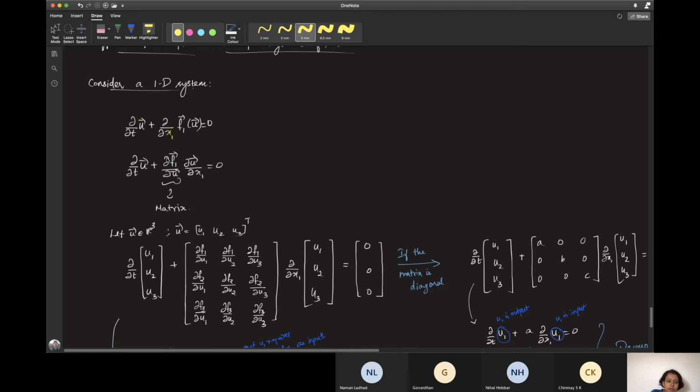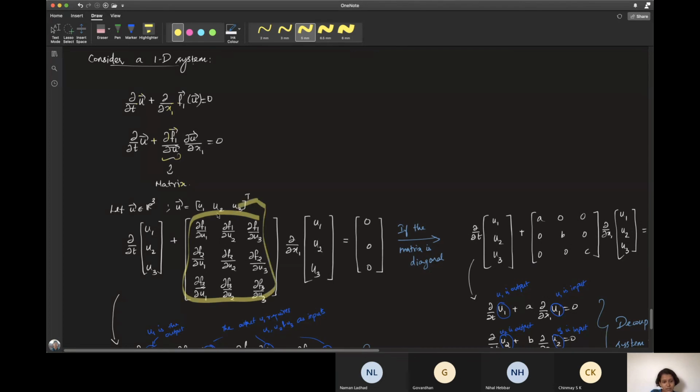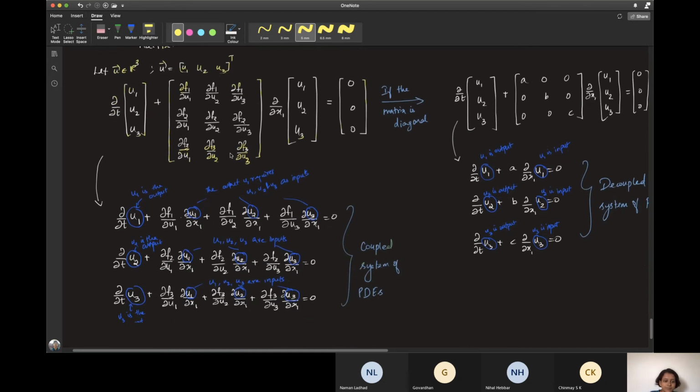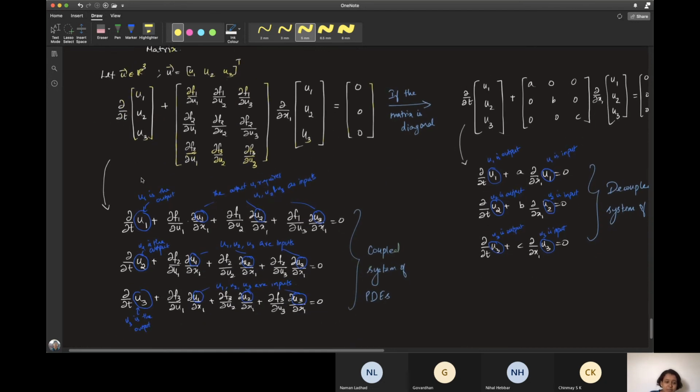Here again you can write dou F1 vector by dou u vector, which is a matrix. Since your u vector belongs to just R^3, under that assumption your u vector is this and your dou F by dou u matrix is this one. So basically this system of PDEs in expanded form is written as this matrix equation.